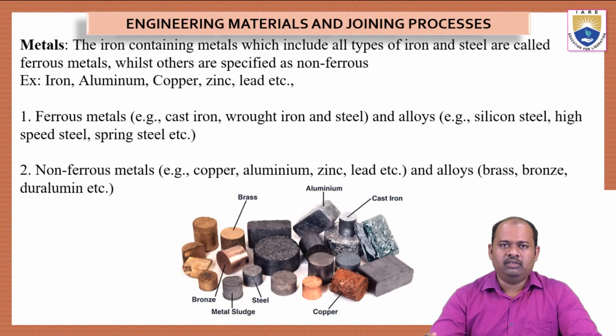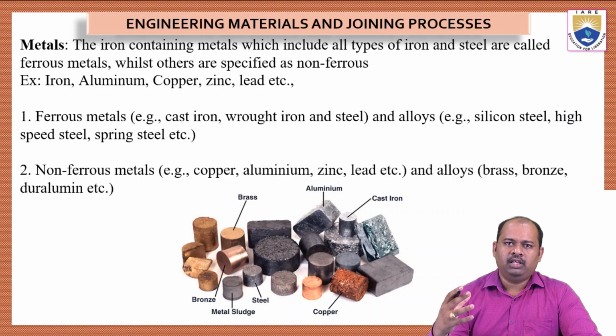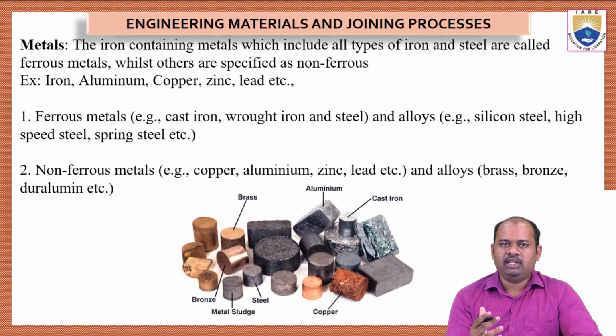If we take the example of any engineering structure, it contains some kind of metal, because metals can withstand heavy loads. Metals can hold their shape and structure even when a large load is applied, unlike non-metals.